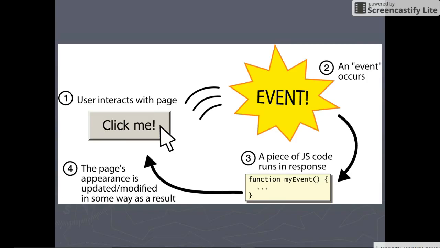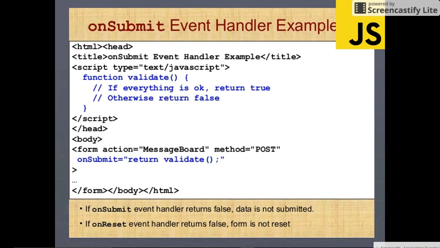So how does it occur, and how can we use it? Here is an example of the on submit event handler. This is a simple HTML page and this is the JavaScript tag. Here we are creating a function called validate.